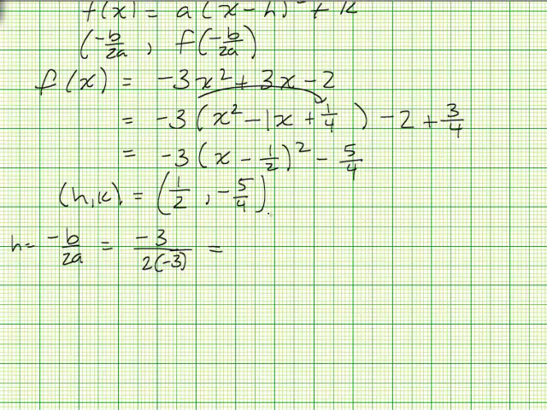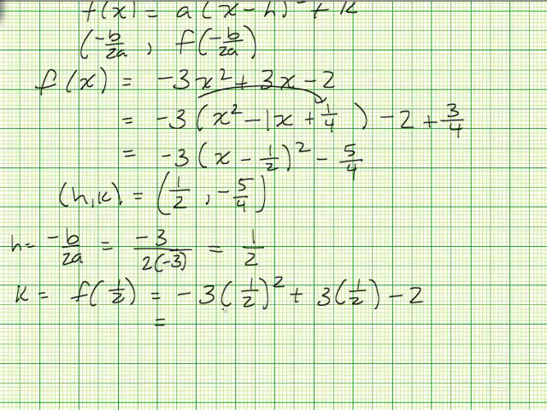Well, our negative 3's cancel, and we end up with h equals 1/2. K would then be, in fact, f of 1/2. So we end up with negative 3 multiplied by the quantity 1/2 squared plus 3 multiplied by 1/2 minus 2.